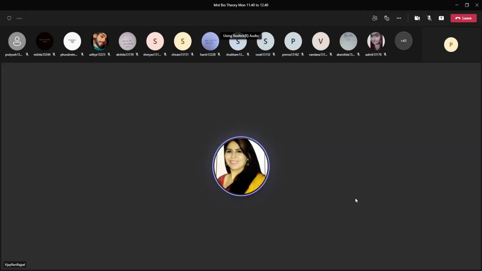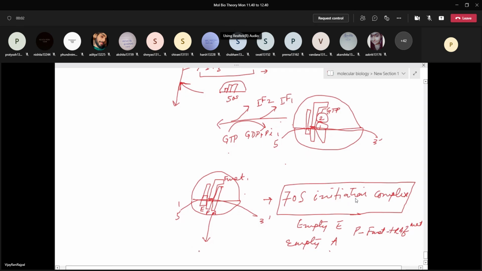This is empty so that the next incoming amino acid can come here. And when this comes, then this is elongation, not initiation. Initiation has been achieved by transfer of FMET to the P site.